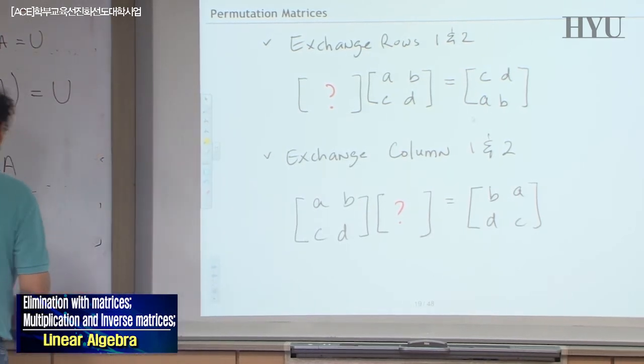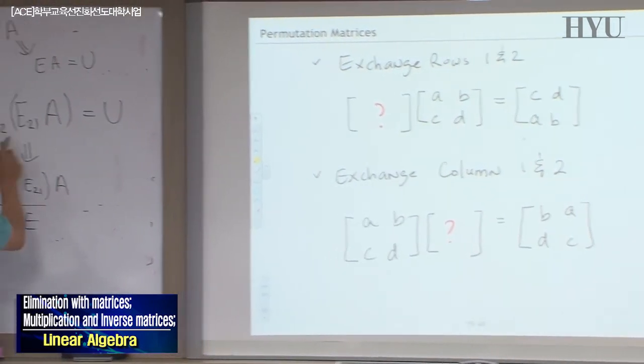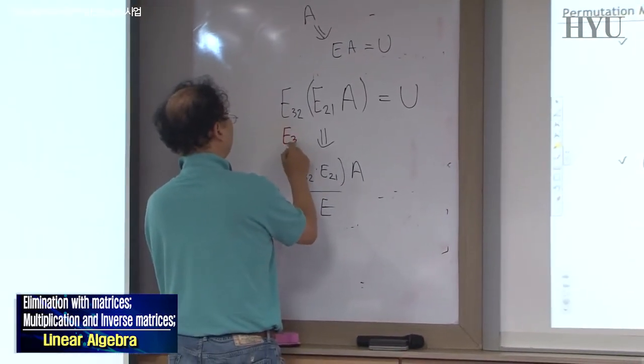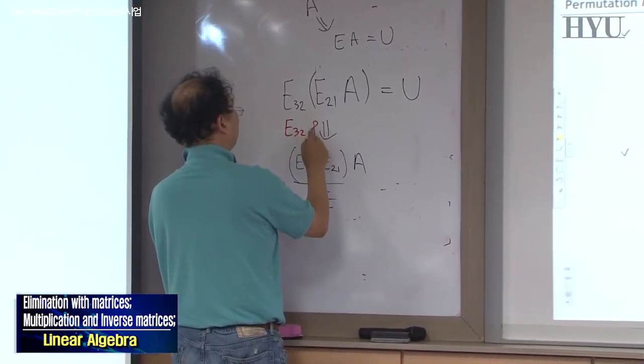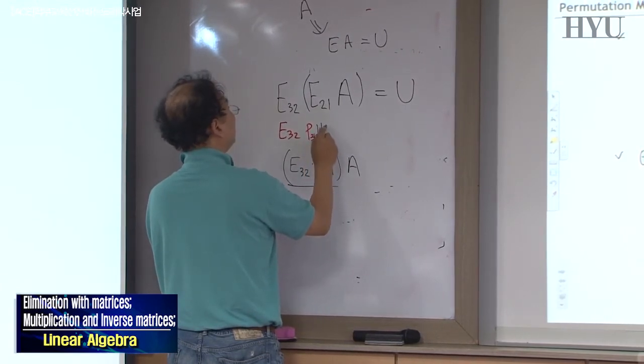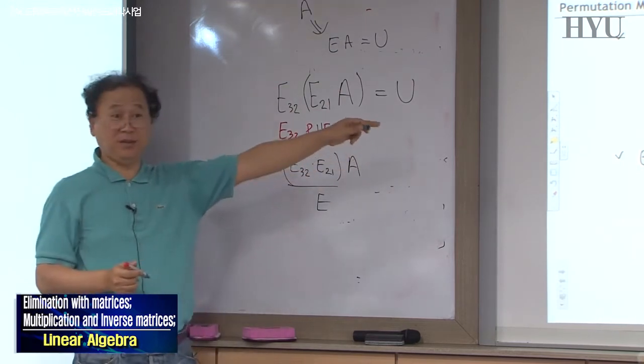It means all the operations you have, whatever E2, E1, are the elimination matrices. Now somewhere you say, I'm going to exchange rows, like P32, then whatever E21. This P is the permutation matrix, right?